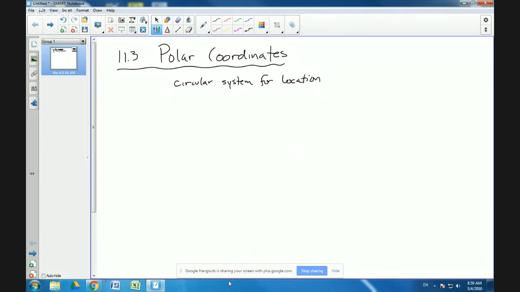Can anybody think of a real circular system that we use all the time? Latitude, longitude. Yeah, our GPSs use basically a polar coordinate system. It's very defined for the Earth, of course, but it's the same kind of idea.